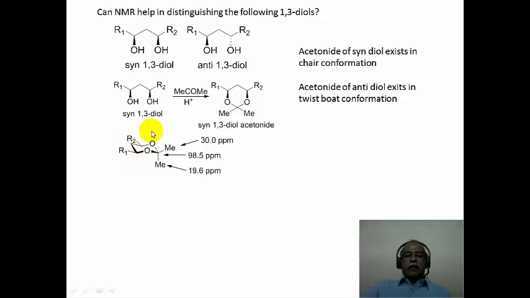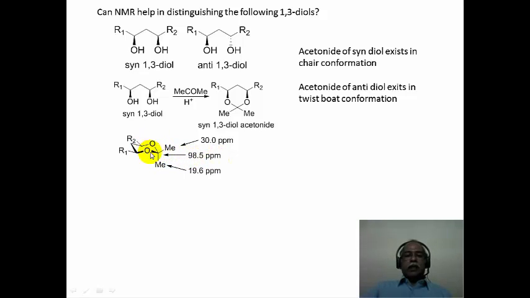And if you measure the carbon-13 spectrum of this chair form, clearly one can see the axial methyl and the equatorial methyl separately. The equatorial methyl comes at a higher delta value compared to the axial methyl. This is something we have discussed in the earlier lecture series. Finally, the acetal carbon comes around 98.5 ppm.